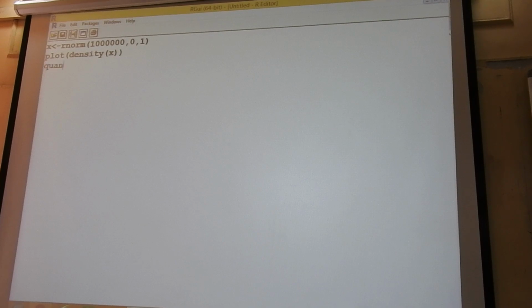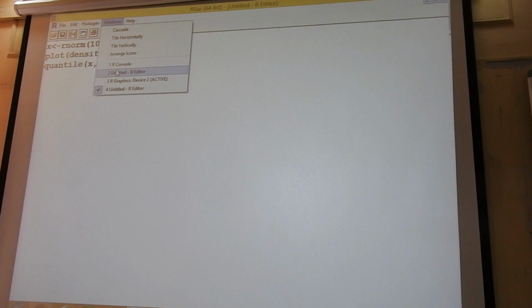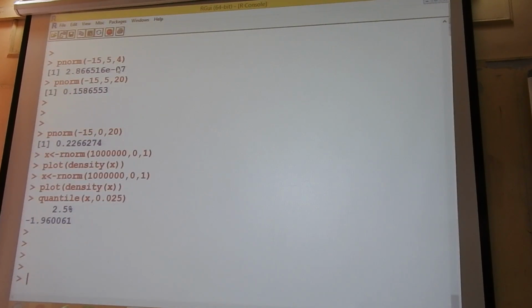Such a question is solved by the command quantile x, 0.025. I might have got the syntax wrong. So minus 1.96 is a value such that 2.5% of the distribution of x is to the left of minus 1.96.